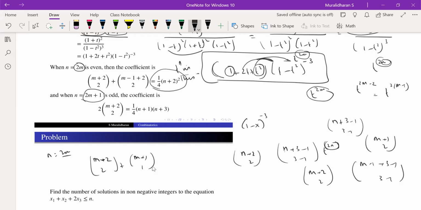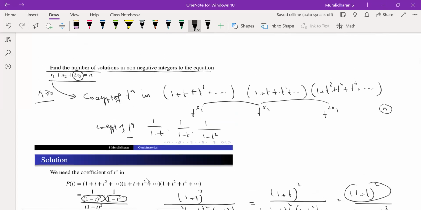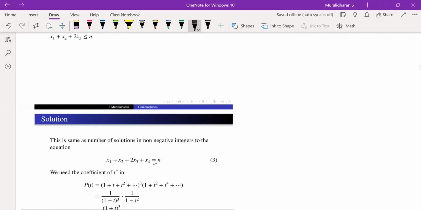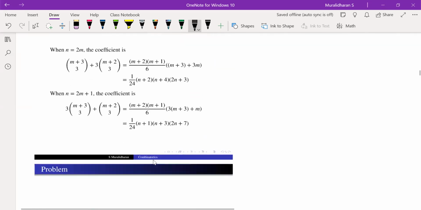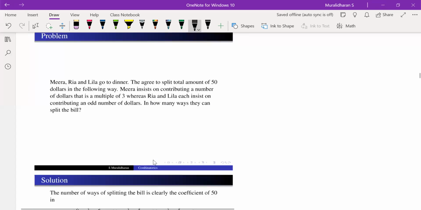We already saw that the t power 2m coefficient is m plus 2 c 2. So it is 2 into m plus 2 c 2 when it is odd. When it is even, it is this, and when it is odd, it is this one. So that's what. So we can easily solve this kind of problems. Okay. Right. So let's move forward.